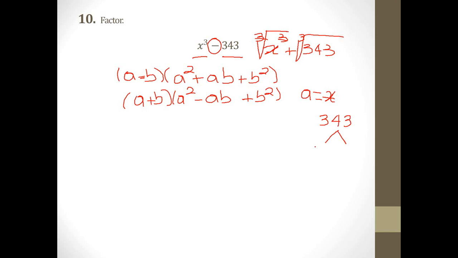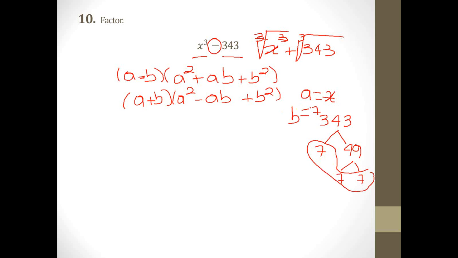I know that 7 goes into 343 if you do the division, and it goes in 49 times. 7 times 7 gives me 49, and that's where I get the cube root of 343, which is 7. So my B would be 7.